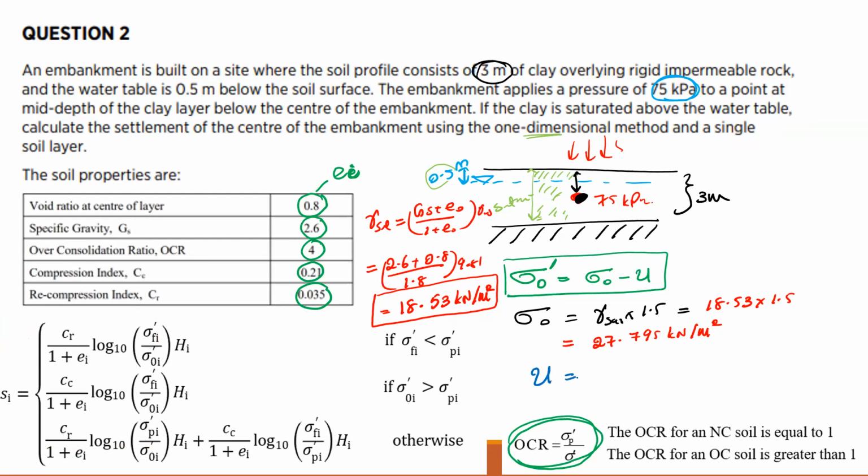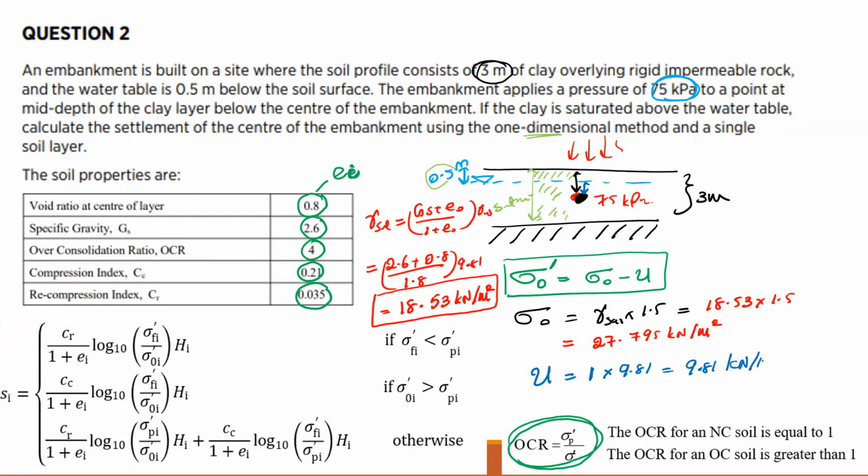U is easy. U is whatever the water height. Water height is 1 meter, right? 1 meter times the gamma W. Gamma W is 9.81, so this is 9.81 kilopascals.